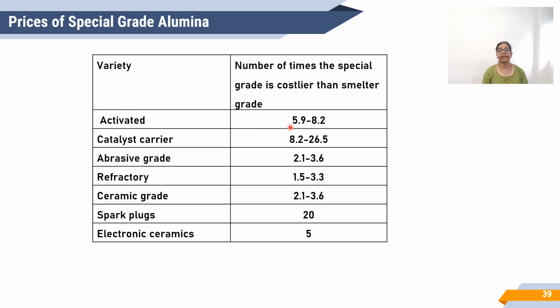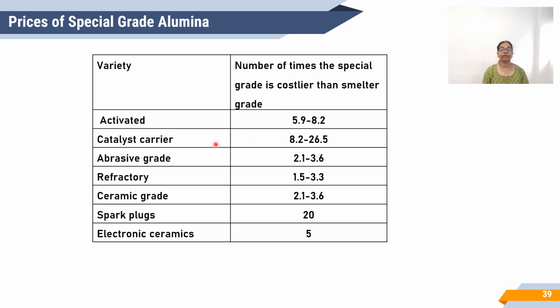They have a very high value addition, that is 5.9 to 8.2. That means the normal ATH has a market of about 20,000 rupees per ton, while this activated alumina at 8 times is about 1,60,000 rupees per ton. So the variation in the market price of the product is very high.